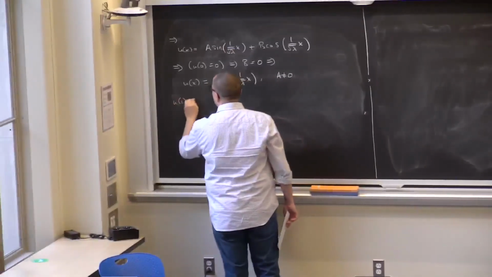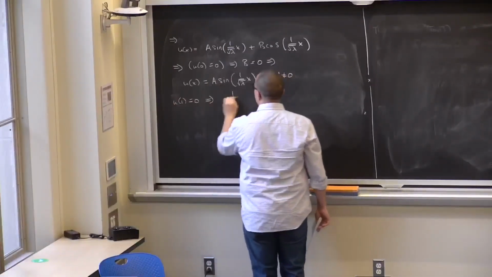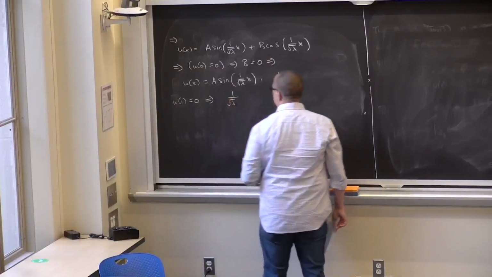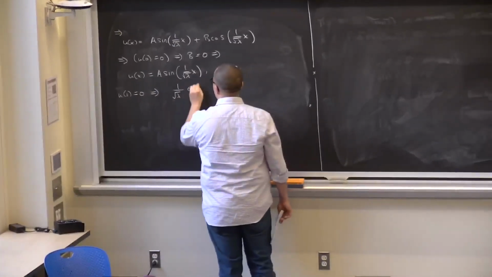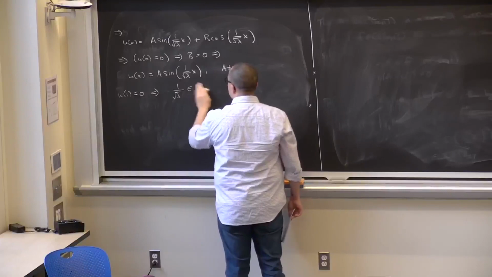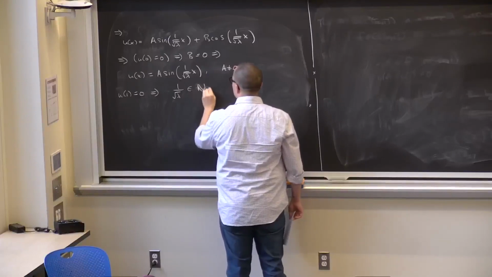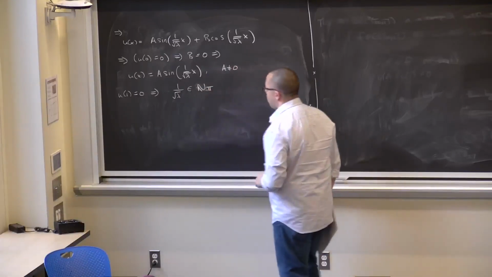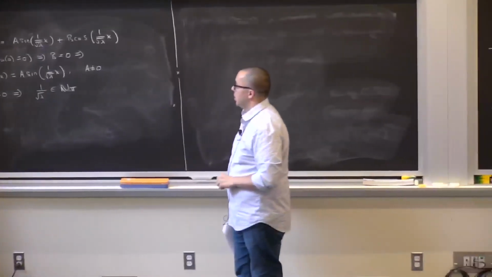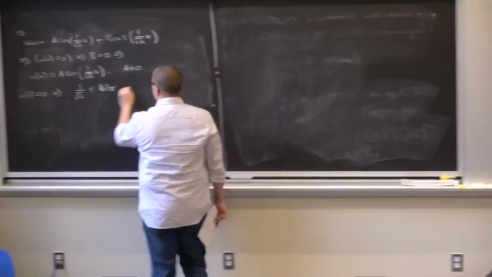And now u of 1 equals 0 implies that 1 over square root of lambda has to be an integer multiple of pi, if u of x is to be non-zero.